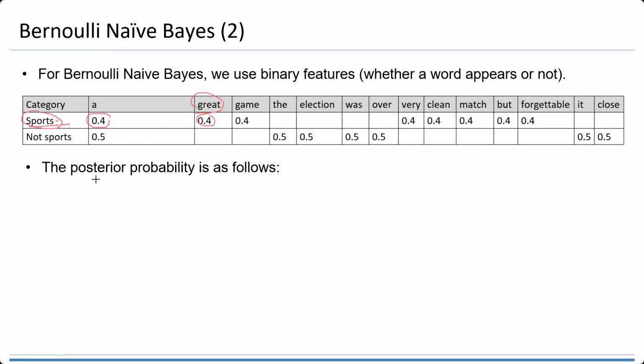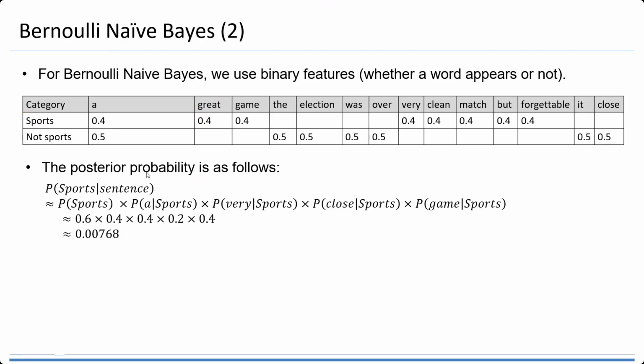Now we can check the posterior probability. Again, we calculate by multiplication. We look at the probability of sports given the word in the category of sports, the word very in the category of sports, the word close in the category of sports, and the word game in the category of sports. So we just use these numbers.